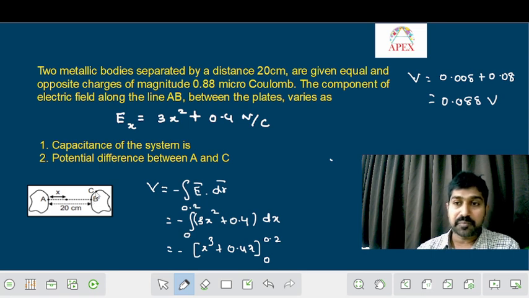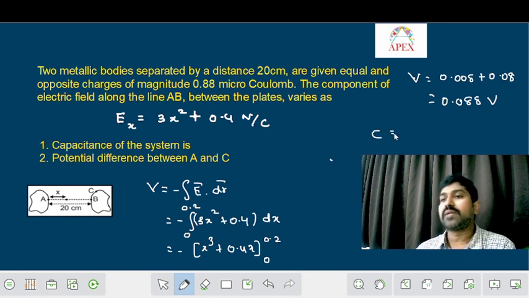Of course, they are asking for point C. Point B and point C are both on the surface only, no? So for a conductor both will have the same potential. And what about the capacitance? Capacitance C you have to calculate. Capacitance C is equal to Q by V. And what is the charge on that particular conductor? 0.88 microcoulomb.